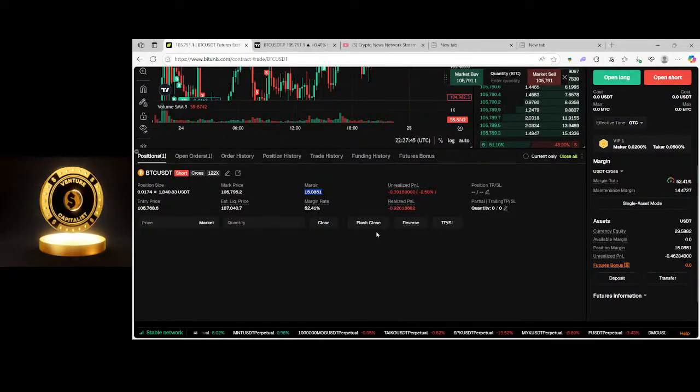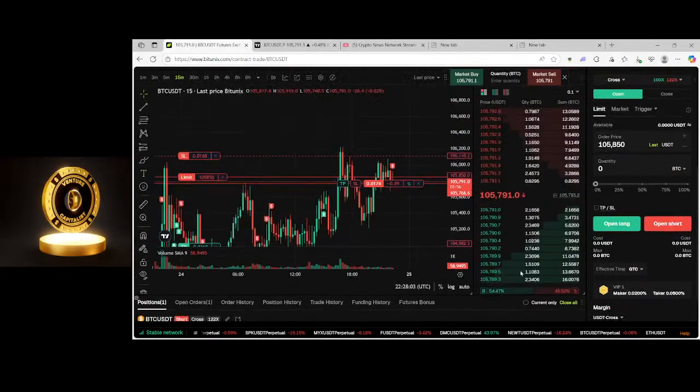So if it's $1, you've got to go long at $1.01, or if you're going short, you've got to go 99 cents. It has to be either buying it for more than it currently is to go long, or for less than it currently is to go short. Okay? So that's pretty much it.